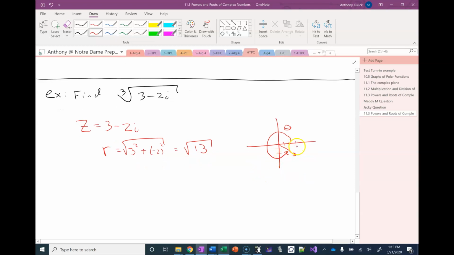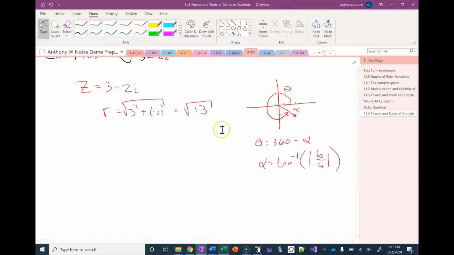So I'm going to start by finding this value alpha. And I note that theta is 360 minus that alpha. And alpha is just going to be tan inverse of the absolute value of the y component, or the imaginary part, over the x component, or the real part.